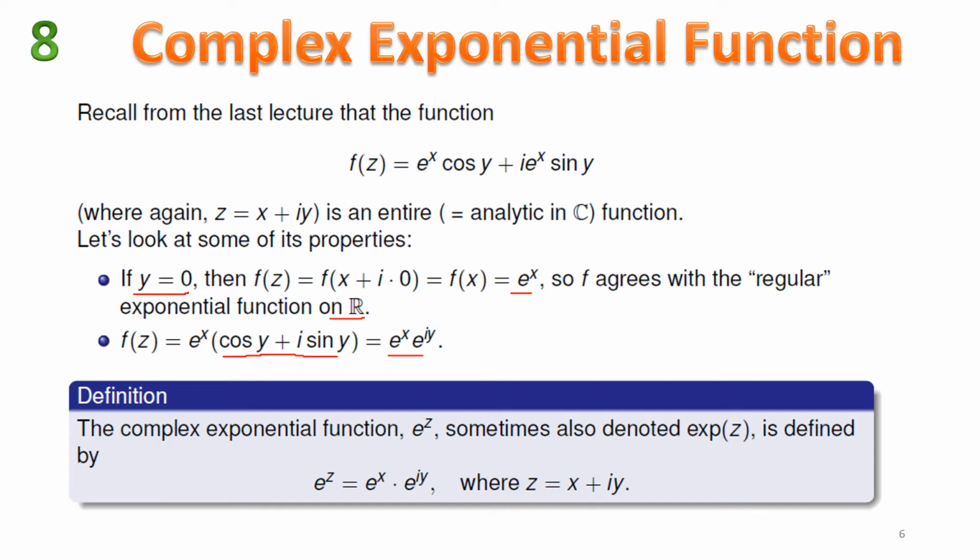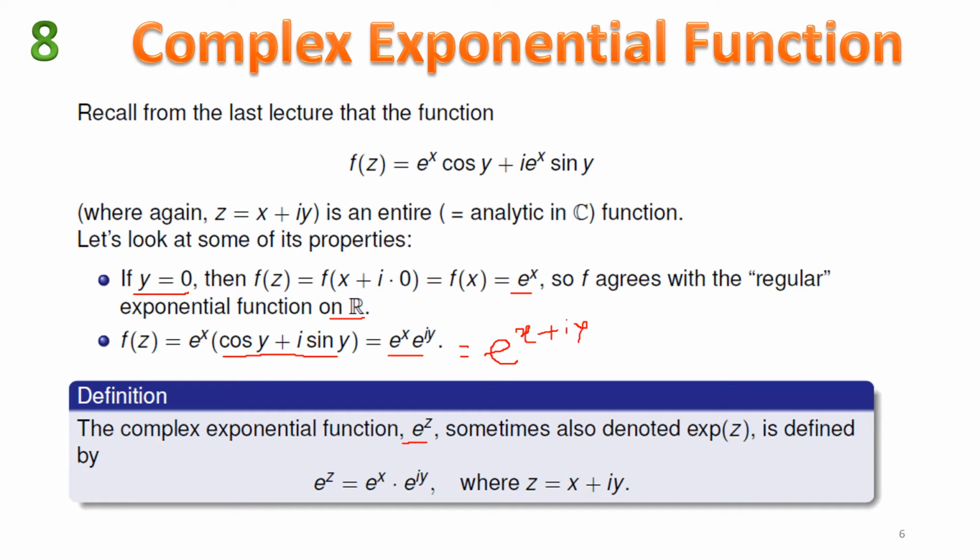So here we are in a position to make the definition of the function e to the z. So this obviously we can write as e to the x plus iy.